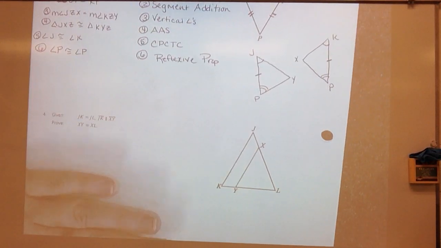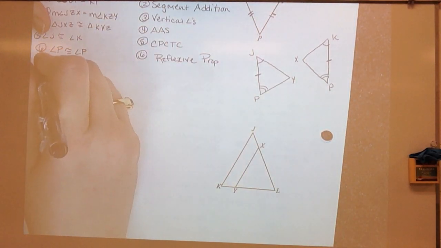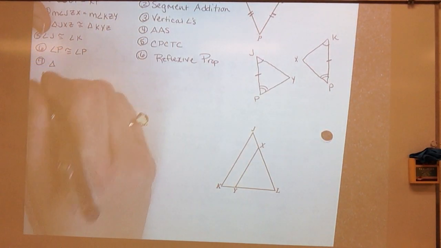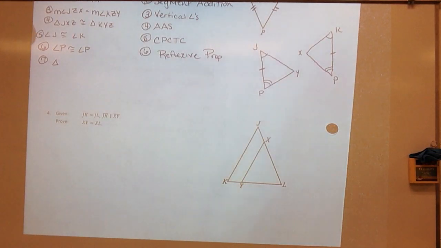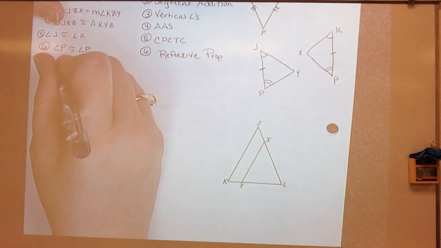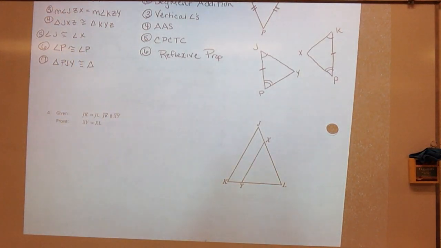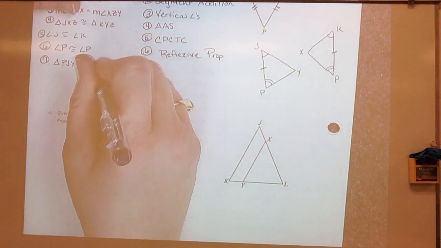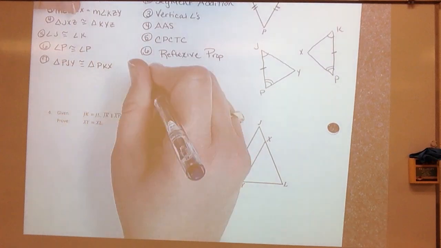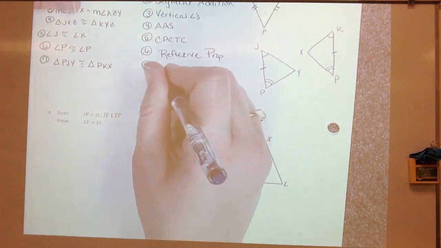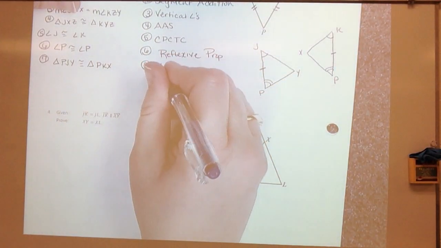Can I prove my two triangles congruent now? I can. So triangle PJY is congruent to triangle PKX because of angle side angle.